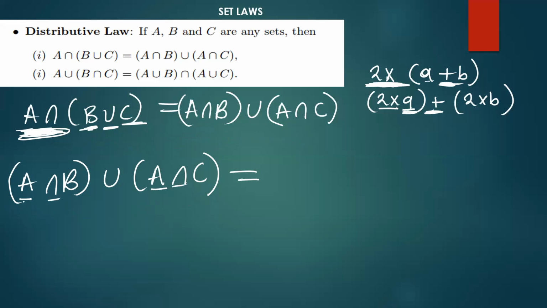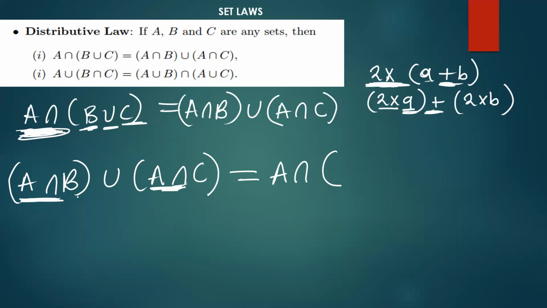Whatever is common, I'm going to factorize it the way we say it in mathematics, like factorizing numbers. I have A intersection is common. So whatever is common, I'm going to write it outside, and then I'll open the set of brackets, and then I'll write whatever is going to remain.